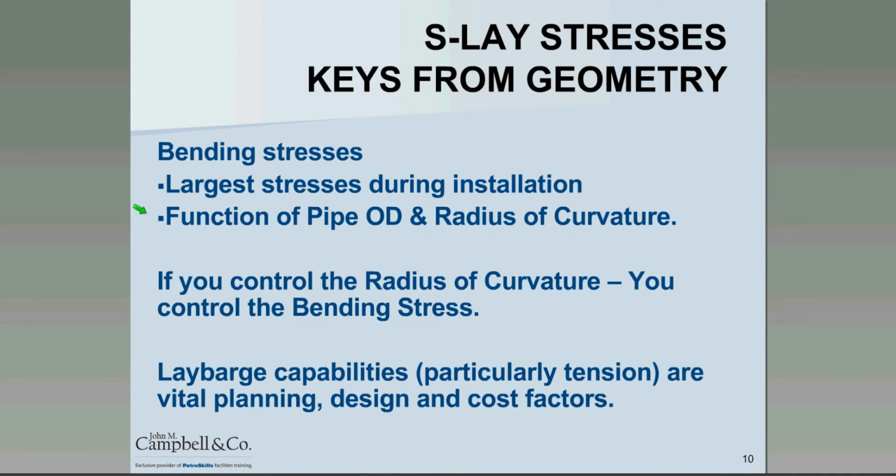Now, from a practical standpoint, when you look at the installation of it, you obviously will have to select or pick a lay barge to do your work. And its capabilities, particularly in the area of applied tension, is a key variable that needs to be brought into your overall planning, design, and of course it'll have impact on the cost of your pipeline system during the construction.